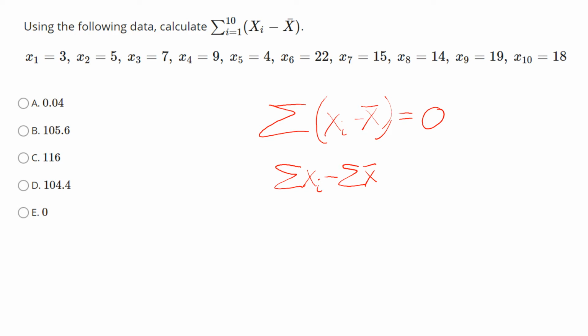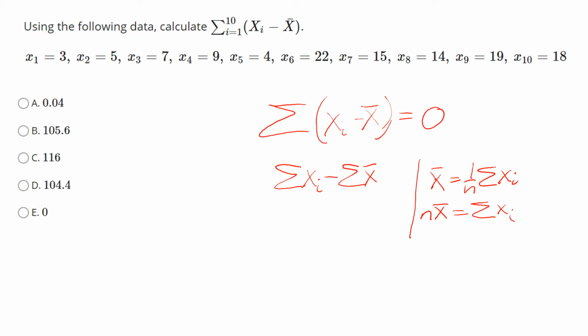Why? Because what is the definition of x bar? X bar is given by 1 over n times the sum of xi. Another way of writing this equality is to say n times x bar equals sum of xi.